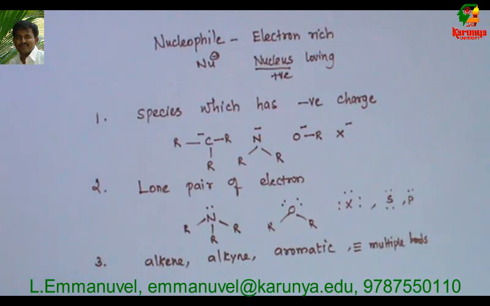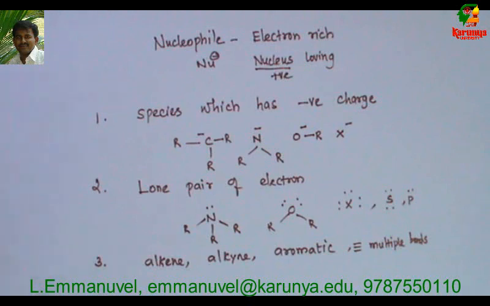They overlap to form the pi bond. So basically that is electron density, an electron cloud. So that is the third category: alkene, alkyne and aromatic ring. So the benzene ring is basically a nucleophile. It has 3 double bonds.